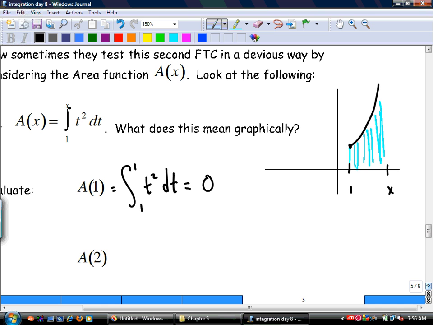Okay, A of 2. Well, that one requires some work. So the antiderivative from 1 to 2 of t squared dt. We take the antiderivative, 1/3 t cubed plus c.